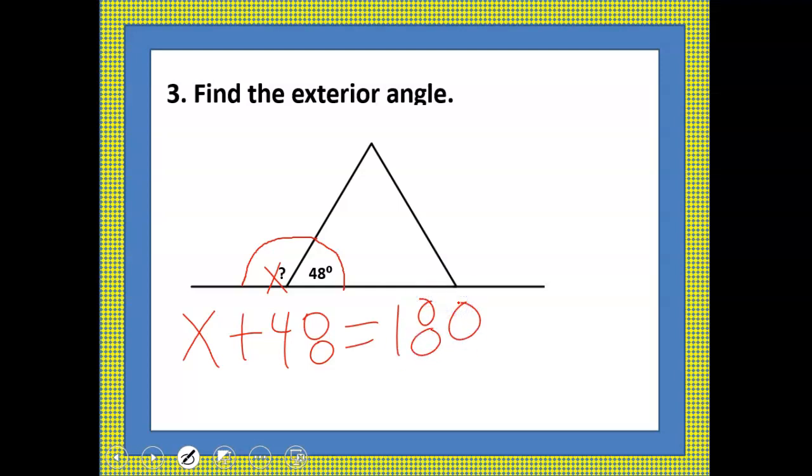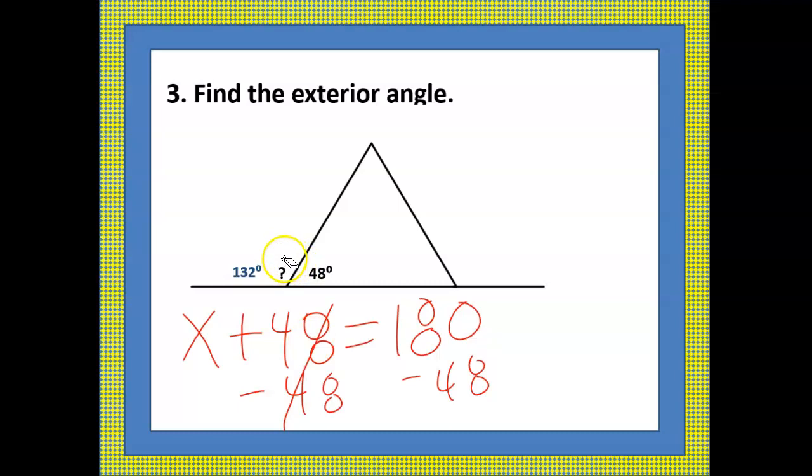So you can just go ahead and solve this algebraically if you would like. Or you may have said, well, of course, I'm just subtracting. I'm working backwards. And if you have figured that out, it should be 132, I believe. Yep, 132. I'm going to erase that so you can better see it, 132.